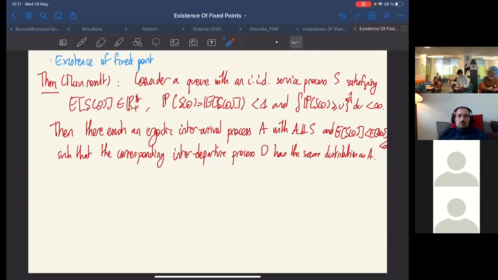Are you asking for an explanation for this condition, or rather the relation between this condition and the tails? Yeah, more the last point.